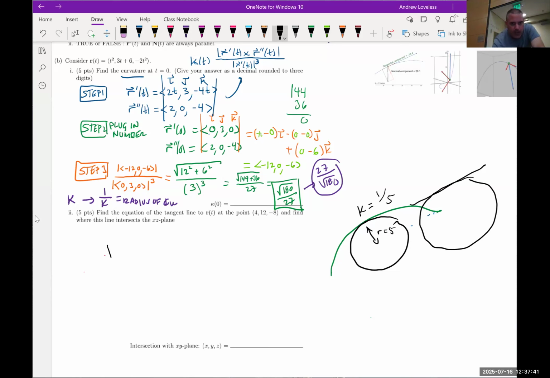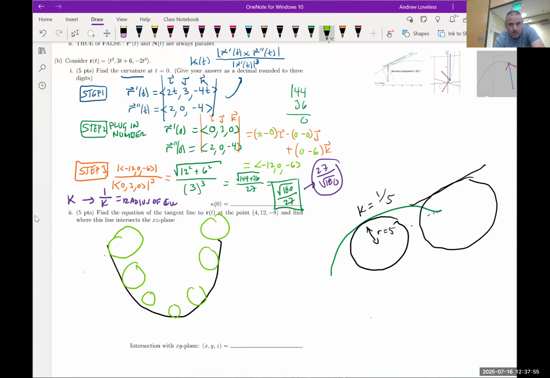So if you were to track along the parabola, the radius would be whatever it is out here, it gets smaller and smaller, and the tightest turn would be here. So for me, that's way easier to think about: if I were on a circle, how big would the radius be that would be equivalent?